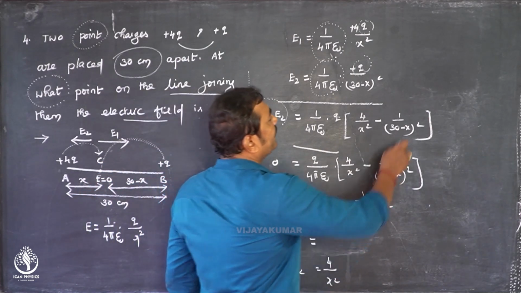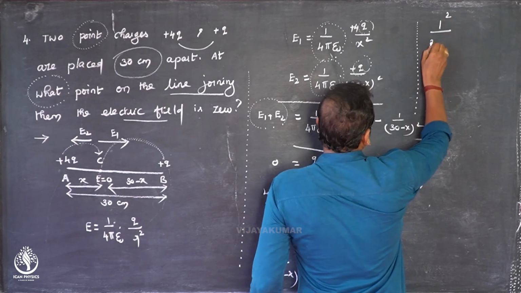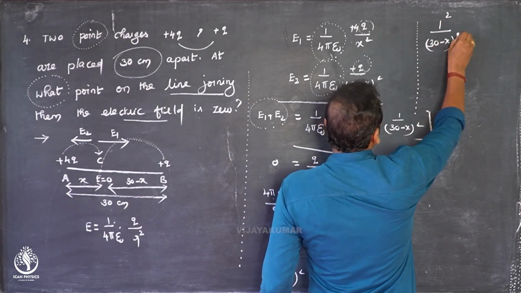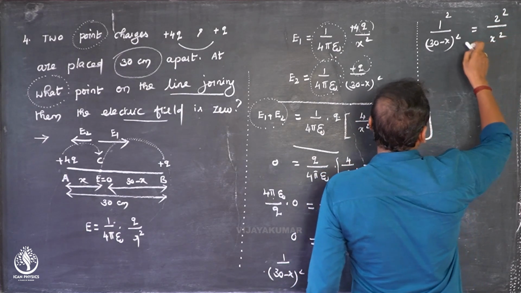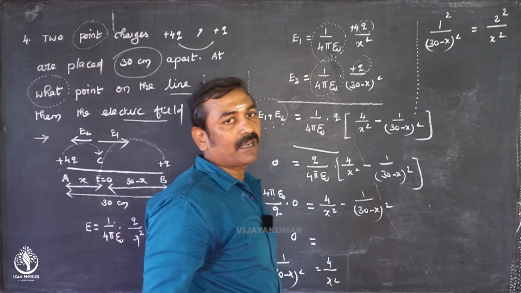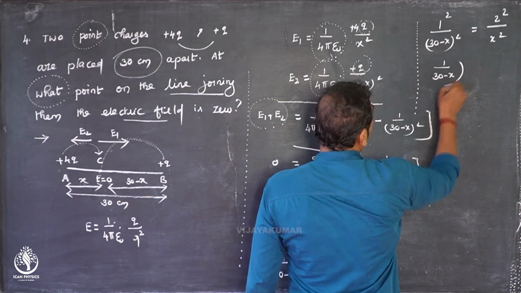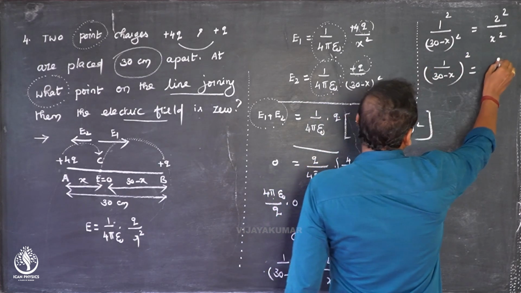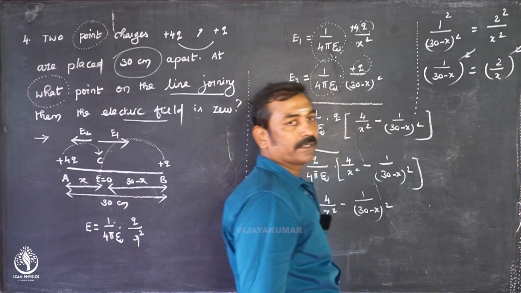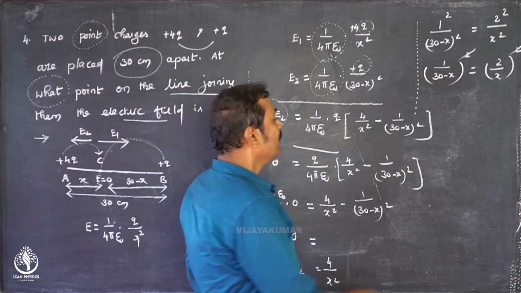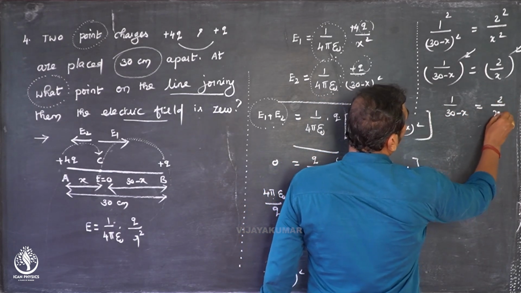How can we write this? 1 squared by 30 minus x the whole square equals 2 squared by x squared. The numerator and denominator have common squares, so the squares cancel: 1 by 30 minus x equals 2 by x.